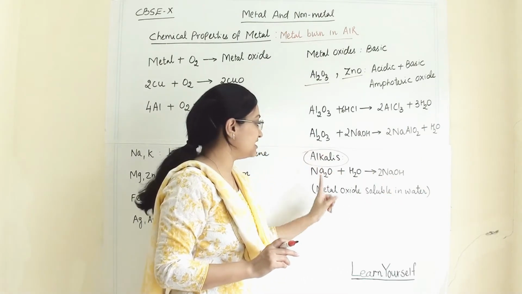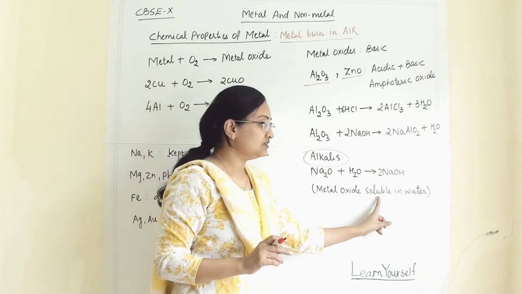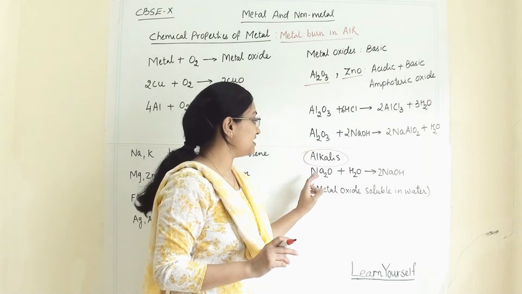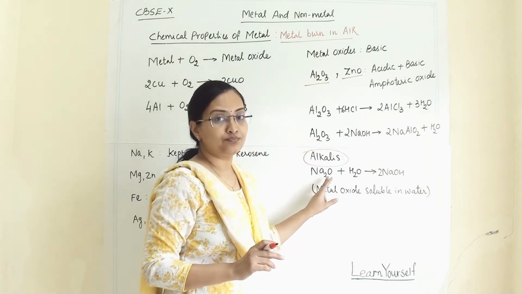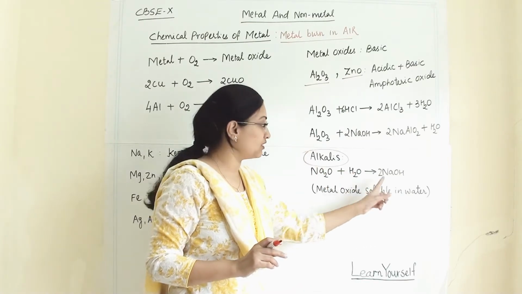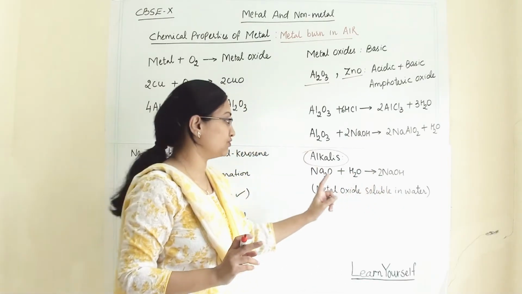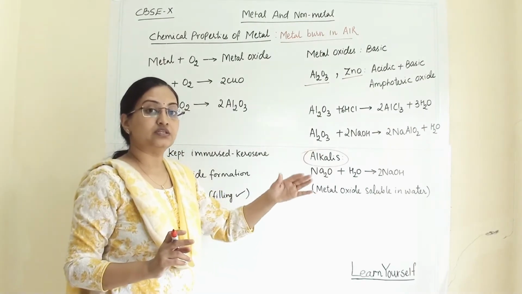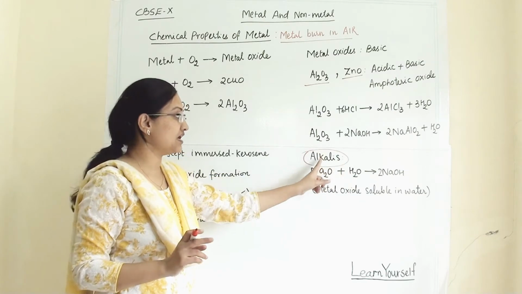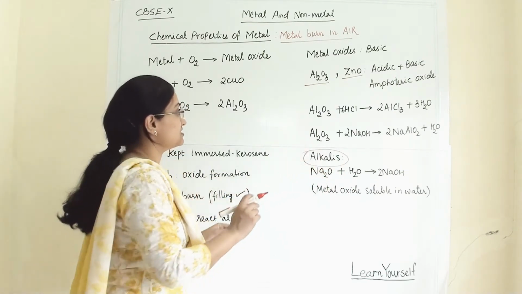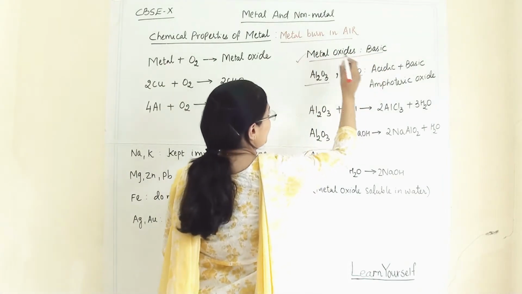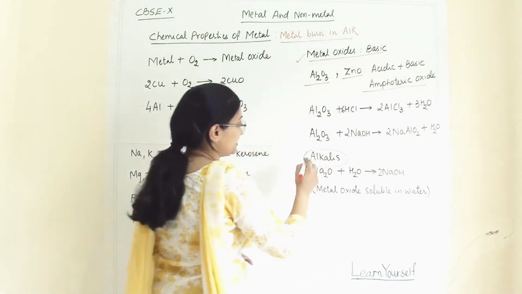That's why it is termed alkali. Same way we can write the reaction for potassium oxide, which reacts with water and dissolves to give us potassium hydroxide. So when metal oxides are soluble in water, they give us bases, and those bases are termed alkali. These are some important terms: that metal oxides are basic, what amphoteric oxides are, and what alkalis are.